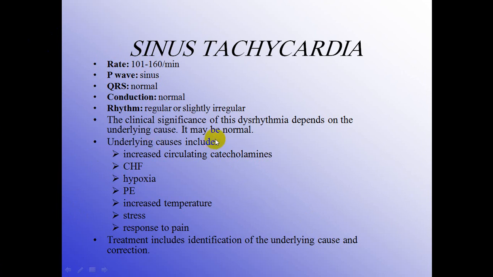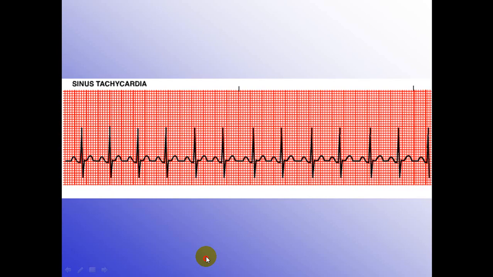It may be normal. Underlying causes: increased circulating catecholamine, congestive heart failure, hypoxia, pulmonary embolism, thyrotoxicosis, increase in body temperature, where for every degree centigrade the pulse rate increases by about 10 beats per minute, stress, response to pain. Treatment includes identification and correction of the underlying cause.